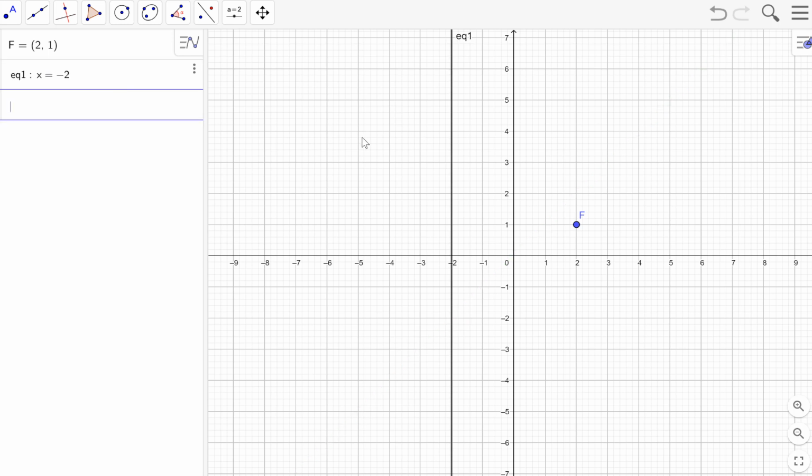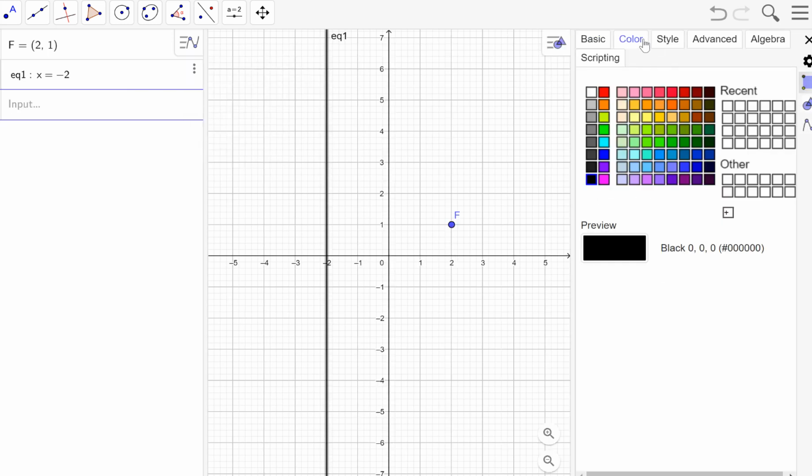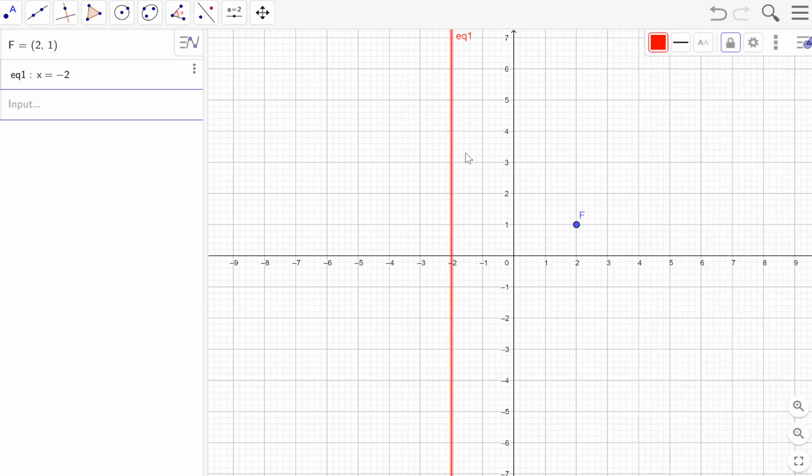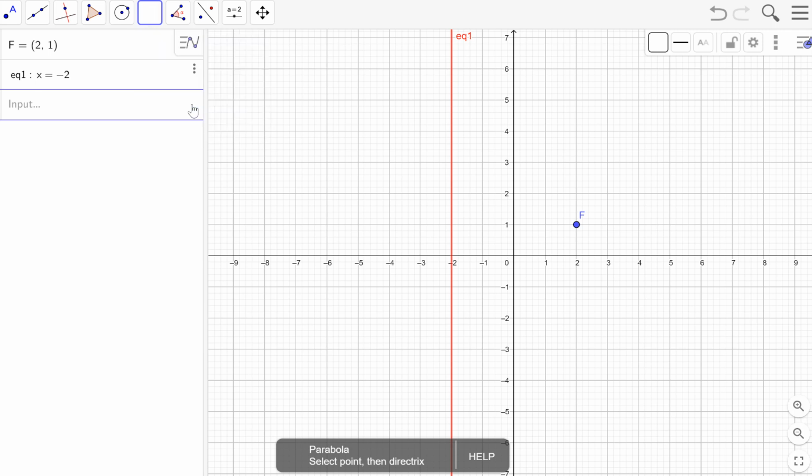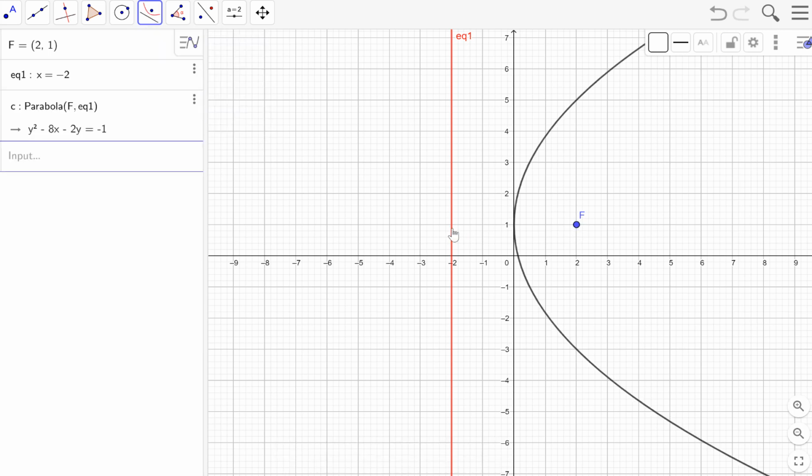So there's my line. I can have it be a different color so we can see it a little bit better. So that would be red. So there's my line, call that the directrix, and then I can have it create a parabola. So there's the parabola that's created from that focus and that line.